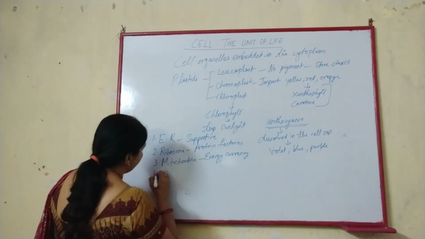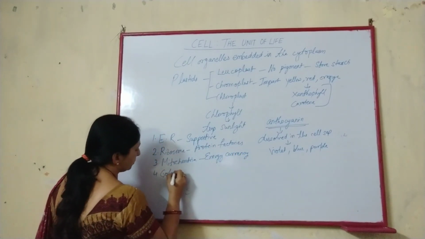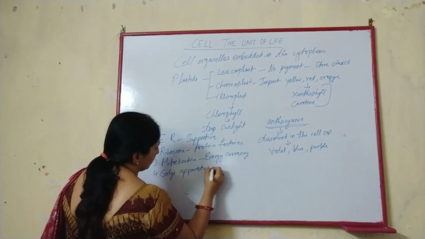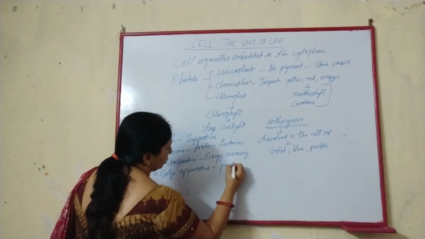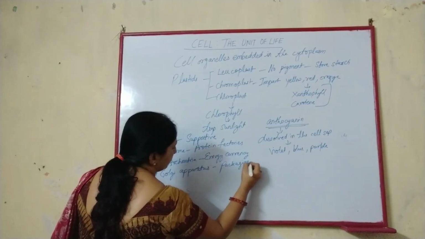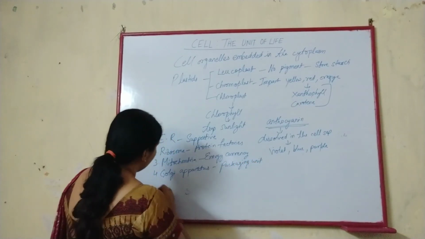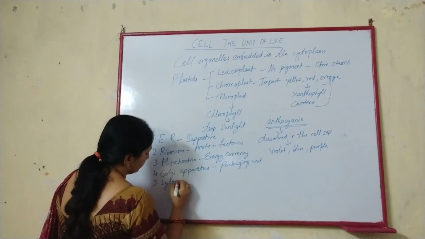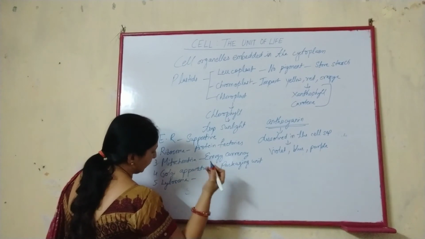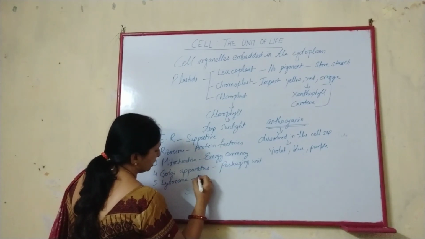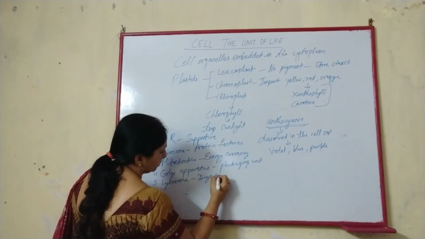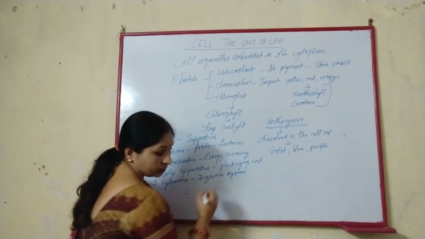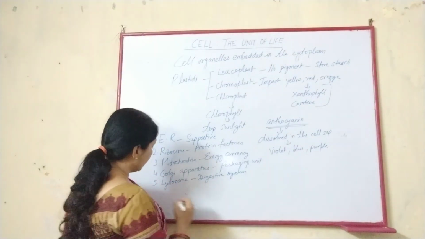Number four, Golgi apparatus, the packaging unit. Number five is the lysosome, the cleaning system or digestive system.